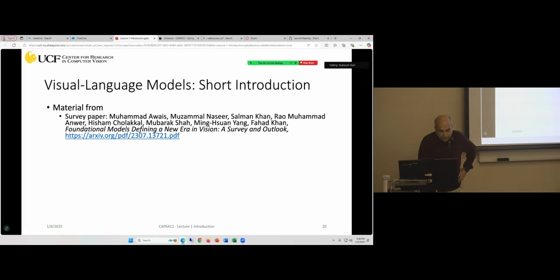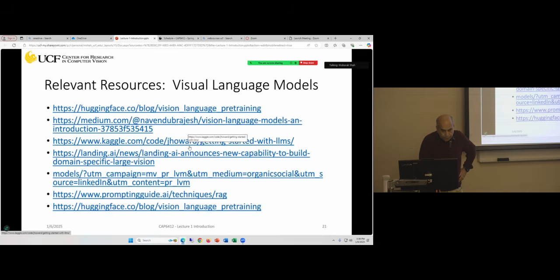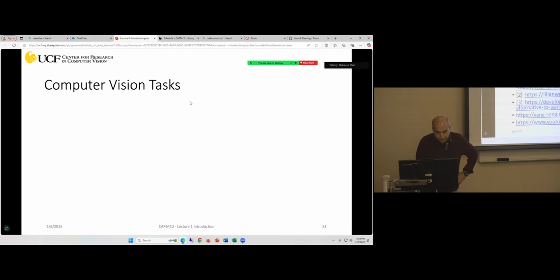You can look at that, and there are several other resources. And about the diffusion model, we also have a survey paper, also PAMI, and lots of other resources. You'll get these copies.